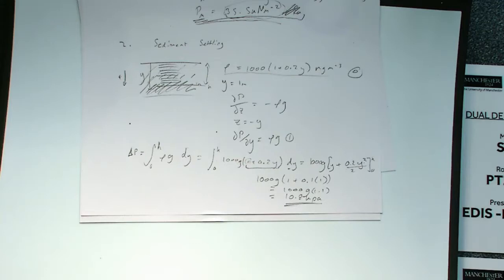Where are you looking? Yeah. Do you mean when I was doing it before I even did the integration? Because it would get rid of the integration. Oh wait, would it? 0.2y and then put 1 in.